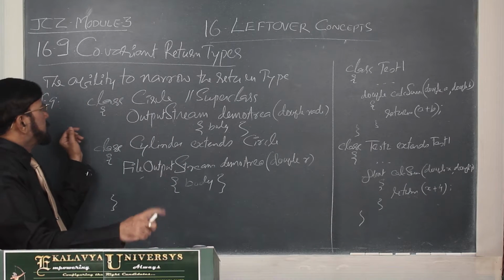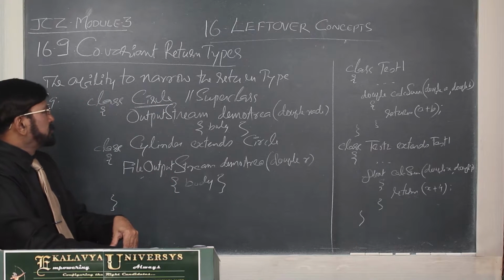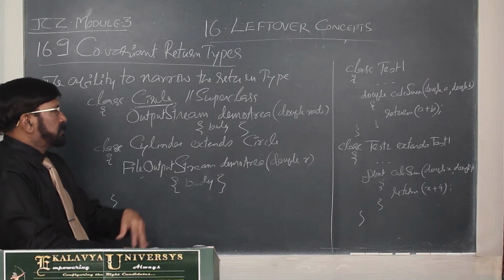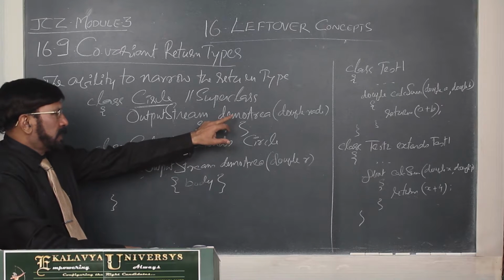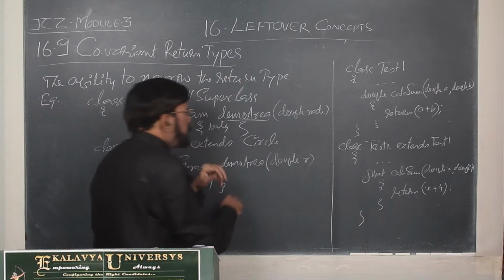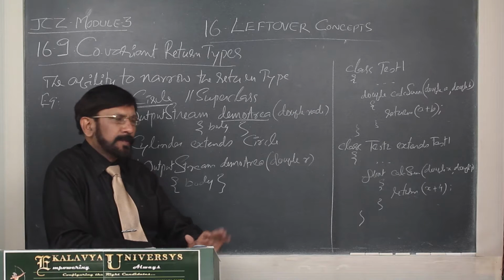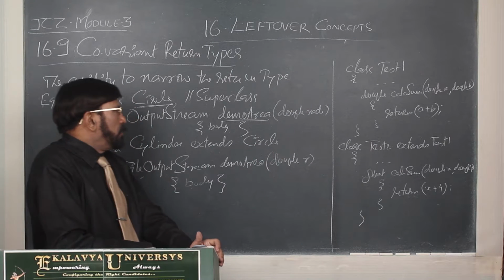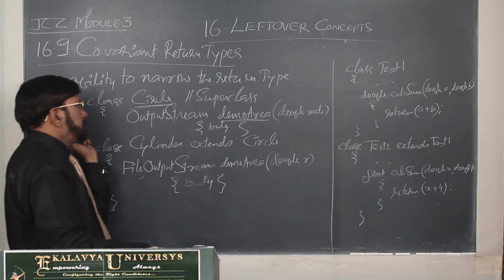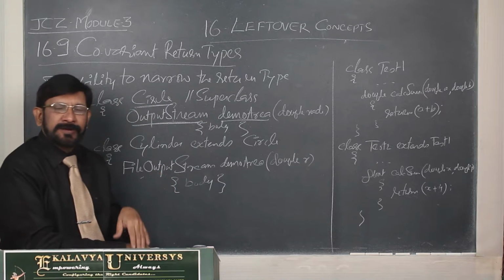With this simple example, you can understand what the covariant return type is. Now here you see Circle. Circle is the superclass. In the superclass, we have written one method, demoArea, and it takes double radius, one argument. What is its return type? Its return type is OutputStream. So far I have not introduced that.